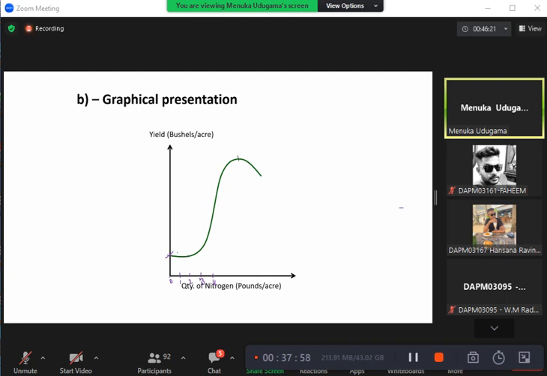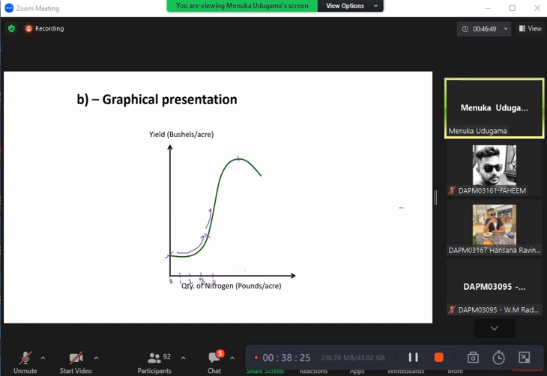Right, we say that initially the yield increases at an increasing rate. But once it reaches a particular point, yield still increases. Anyways, what we want to understand here is that the yield increases and it reaches a maximum point.